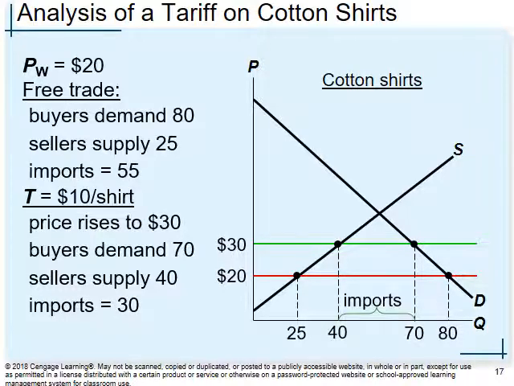And as a result, imports have shrunk, or reduced, to 30 units. Again, why have imports reduced? Because the price has risen through the imposing of this 10 euro tariff on shirts.